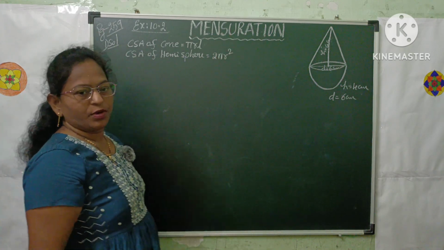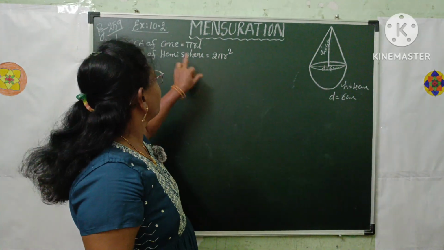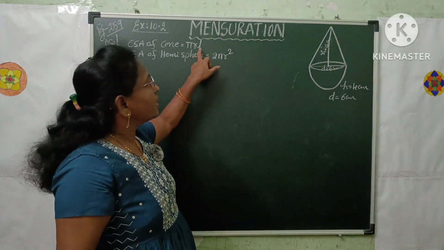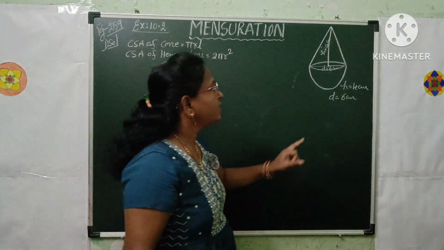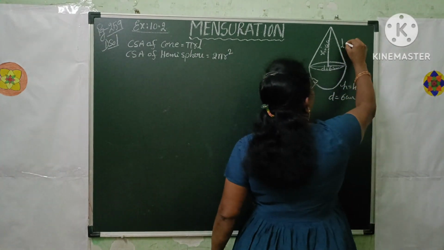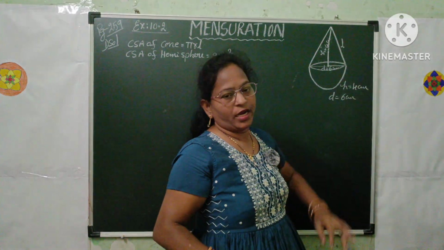These two formulas, we need to find, then add to get the total surface area. Here, first the surface area of the cone, L. What is L? L is the slant height of the cone. So first we need to find the slant height.